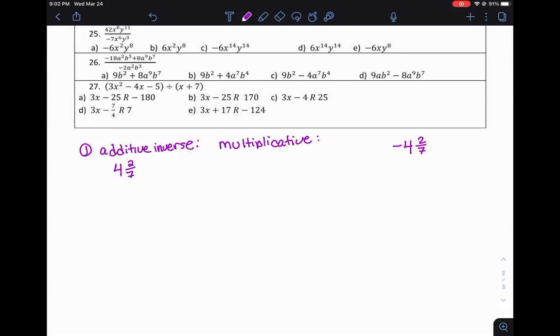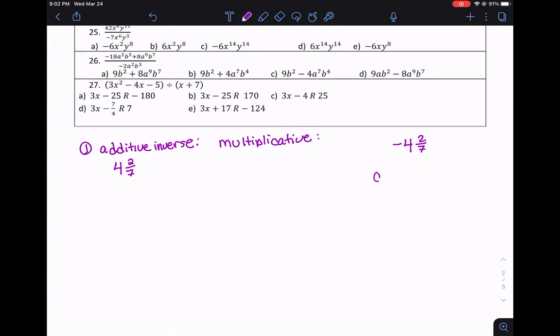For the multiplicative inverse, we first have to convert to an improper fraction. So -4 and 2/7 becomes 7 times 4 plus 2, which you should know from before, over the original denominator.